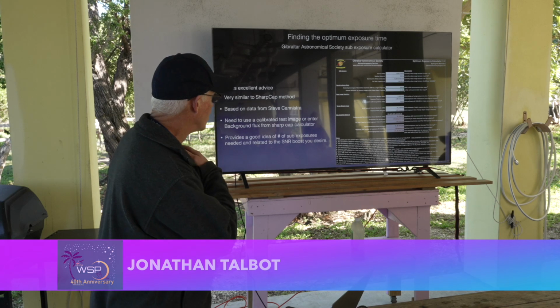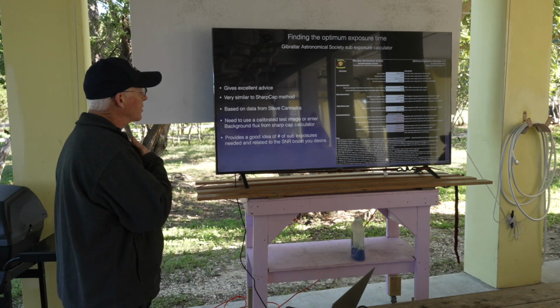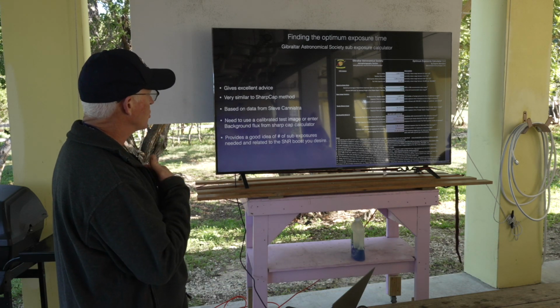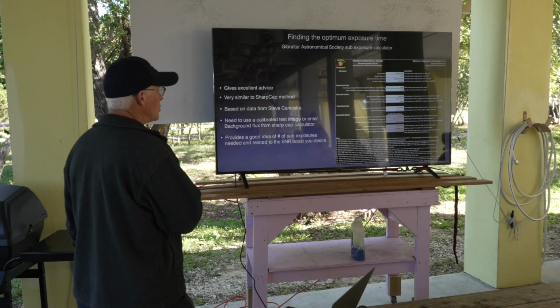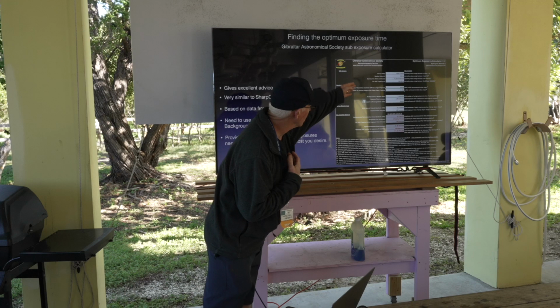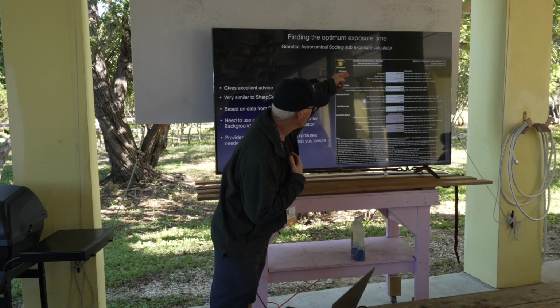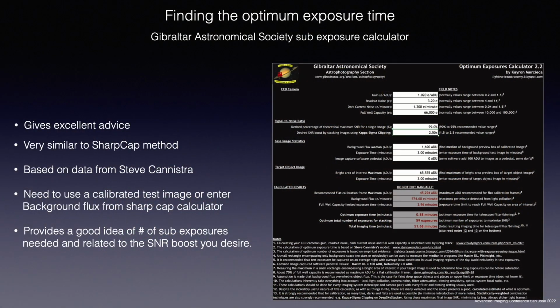However, there is another way you can do it, and there's a really cool calculator out there from the Gibraltar Astronomical Society. It has you put in some of the same stuff again: gain, read noise, dark current, full well capacity, the stuff in the details of your camera that you get by measuring it or going to the manufacturer website. In the end, when you run your numbers through this calculator, it comes up with just about the same idea.